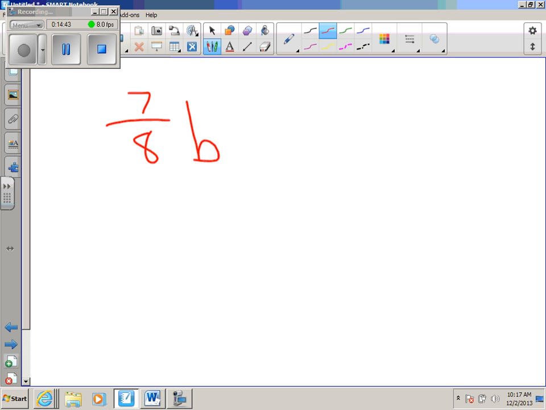Seven-eighths b is equal to half. What was this before? It was just a whole number. So what are we doing? We're going to divide by... Oh, why? To get b by itself, we do the opposite because b is being multiplied by 7/8.